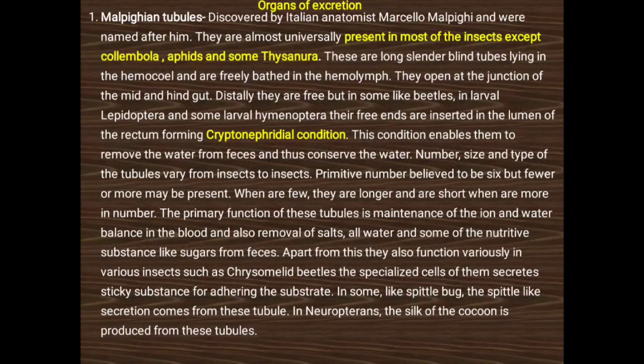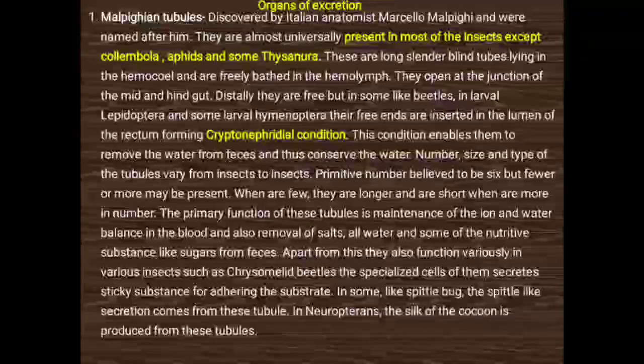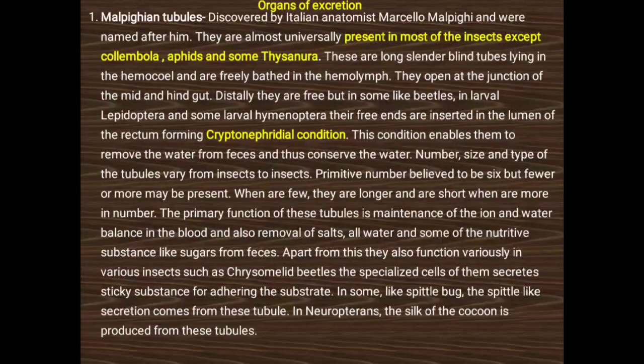Distally, they are free, but in some insects like beetles, larval Lepidoptera, and some larval Hymenoptera, their free ends are inserted in the lumen of the rectum, forming a typical condition called the cryptonephridial condition. This condition enables them to remove water from the feces. It's a sort of water conservation, and it is highly essential in terrestrial insects.